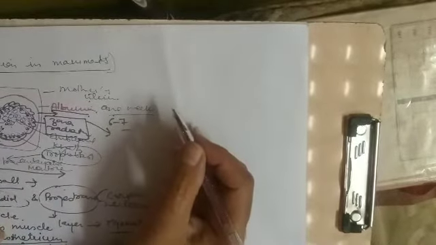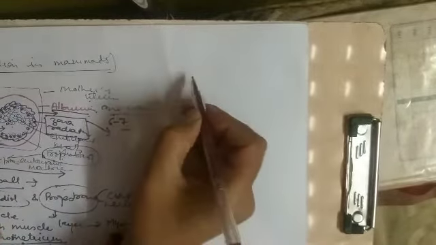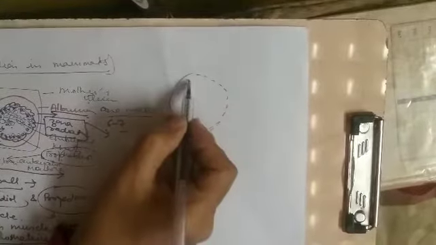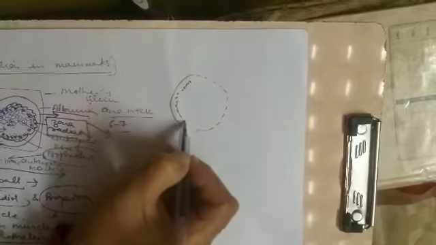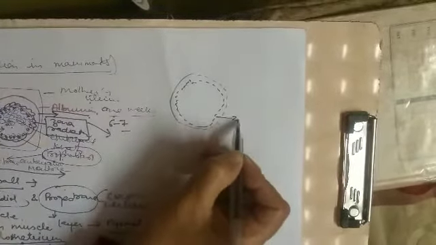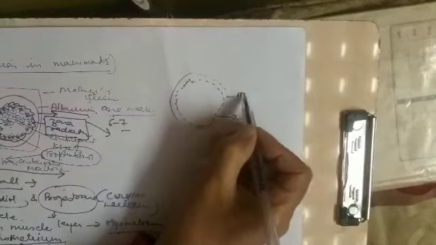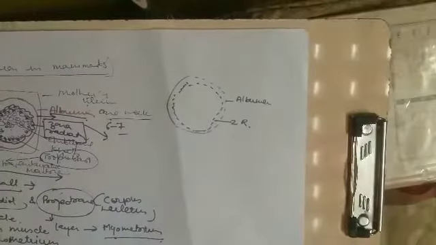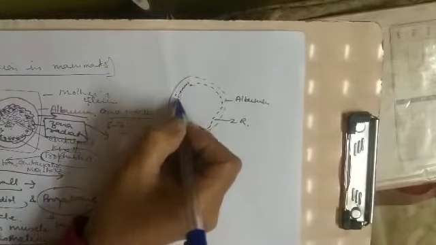Albumin starts receding, and so does the zona radiata. So this is zona radiata and this is albumin. These start disintegrating, and now what is left? We are left with the trophoblast.